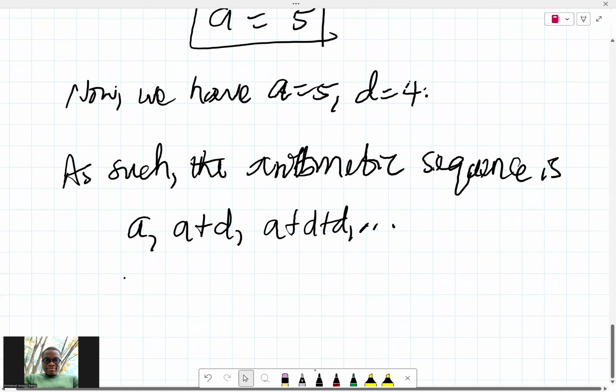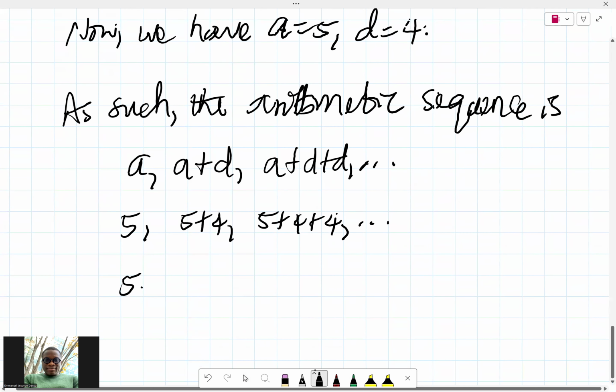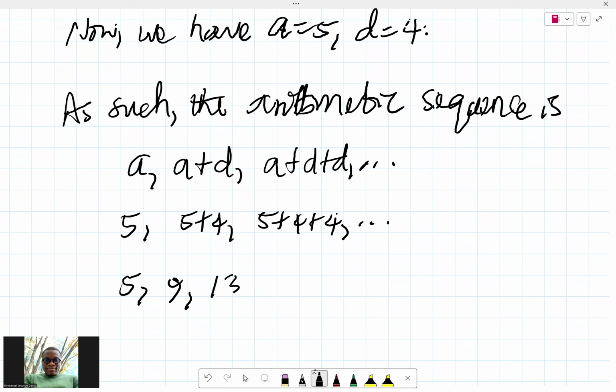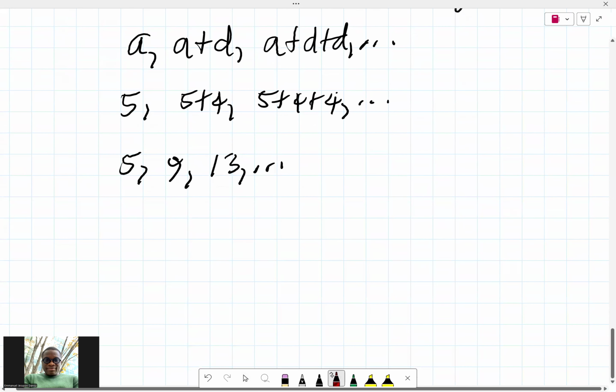So, of course, A is 5, A plus D, that's 5 plus 4. Then, next we have 5 plus 4 plus 4, and it goes on like that. That means that the arithmetic sequence is 5, 9, plus 4, that's 13, I believe. Yes. So that is the arithmetic sequence, but we have not found what we need to find, right?